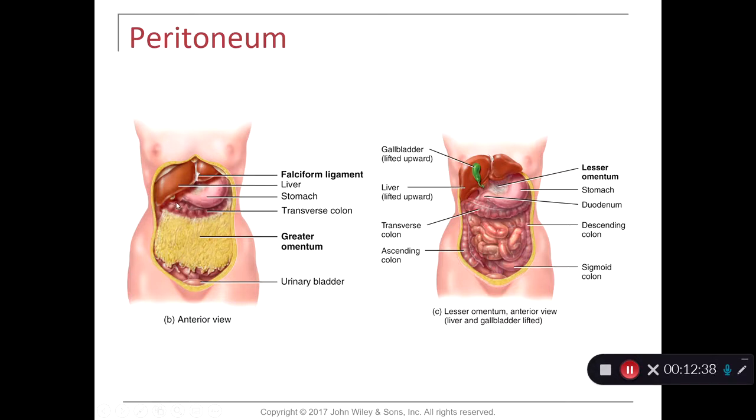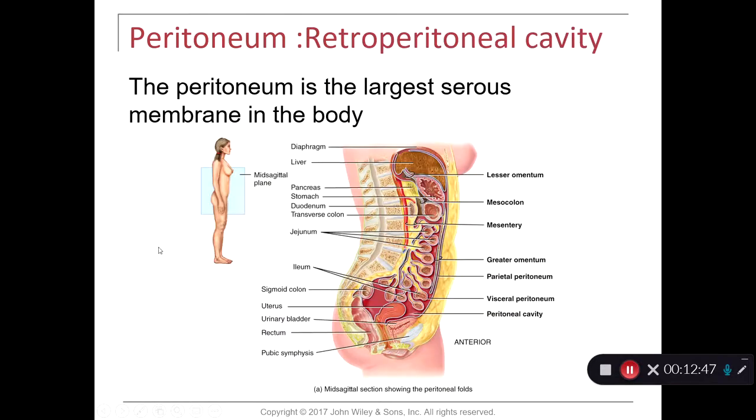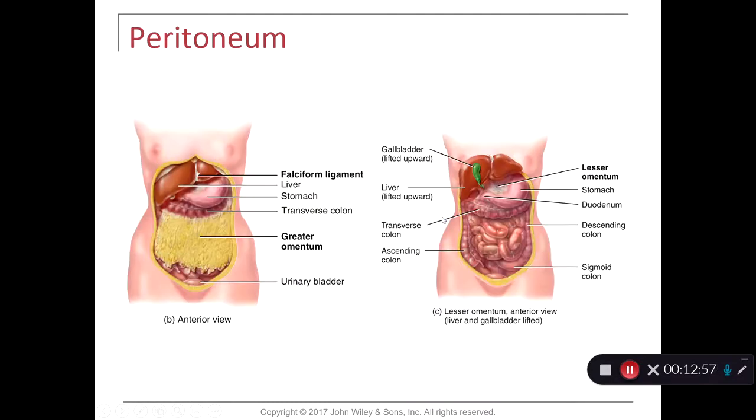What happens afterwards is that this large curve of the stomach also has the greater omentum attached to it, even though this picture isn't doing its justice. You can see it here, that greater omentum connected to that stomach. It is also connected to that portion of the colon. But it has several things that it does.